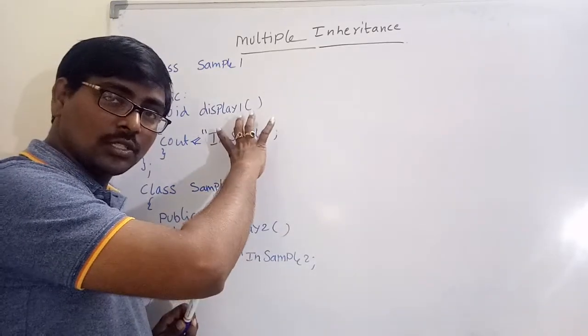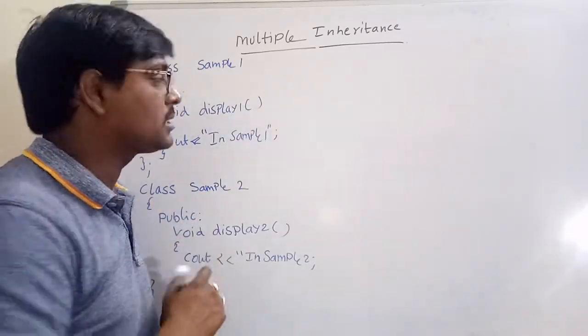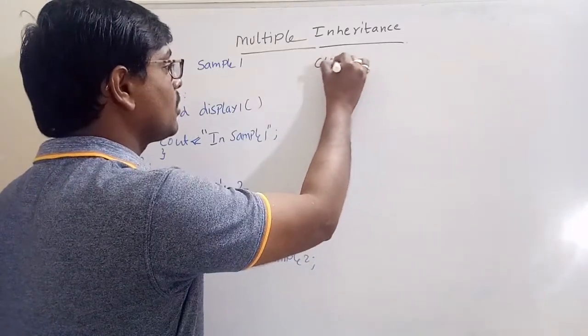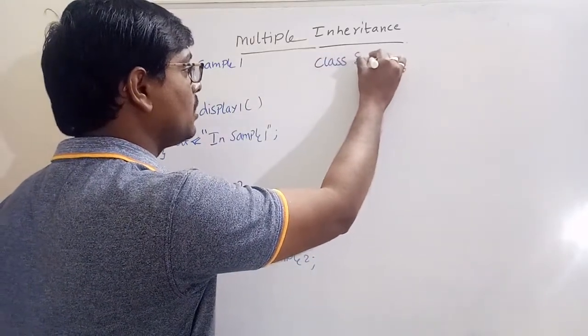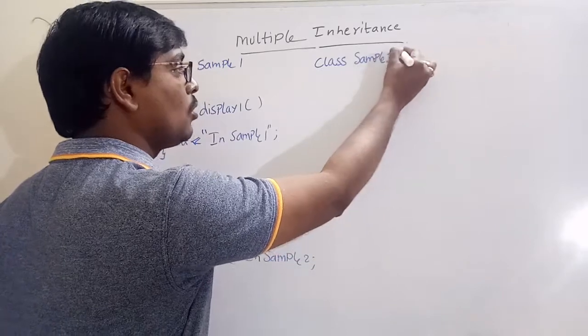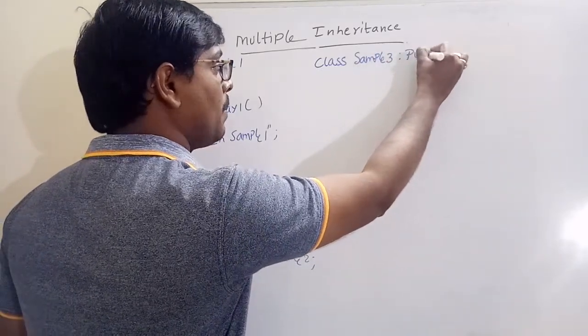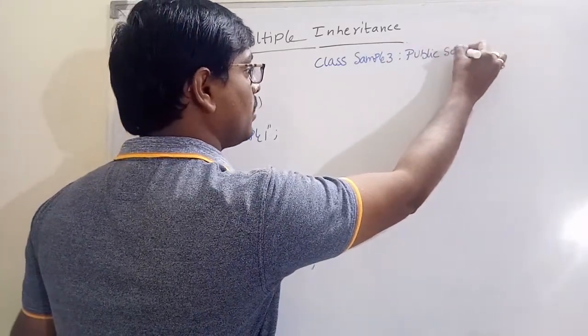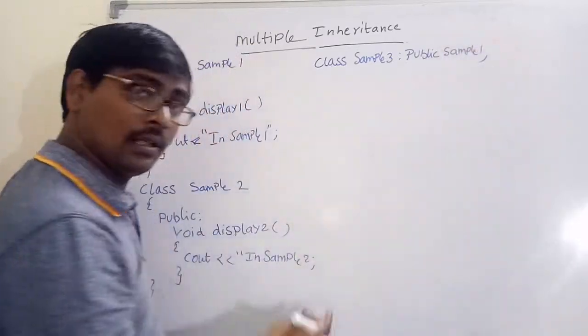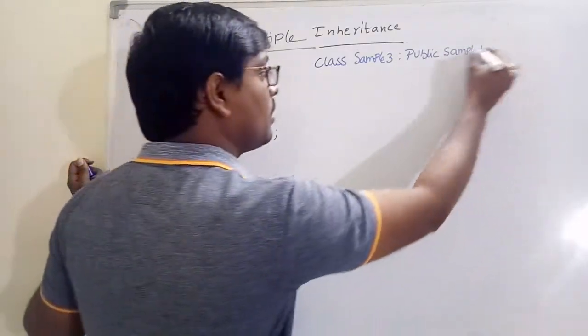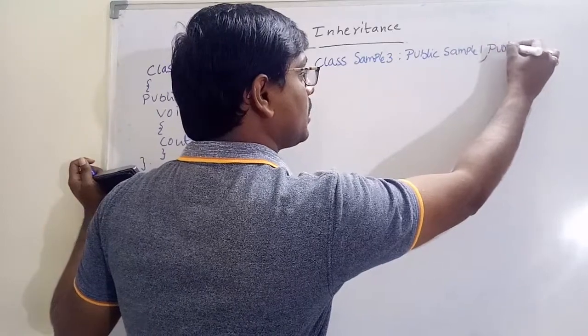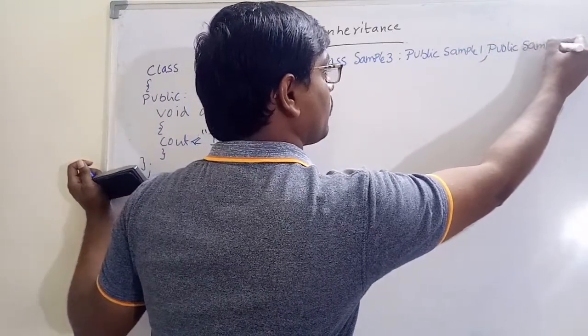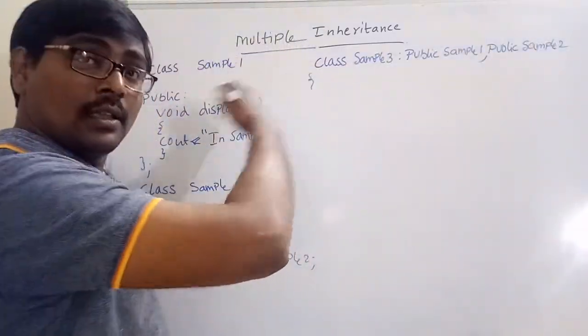Now to make these two classes parent classes, for class sample 3, how to make it? Colon public sample 1, comma, that is one parent, public sample 2. You can write it on any line.